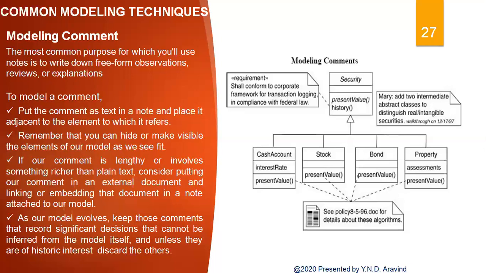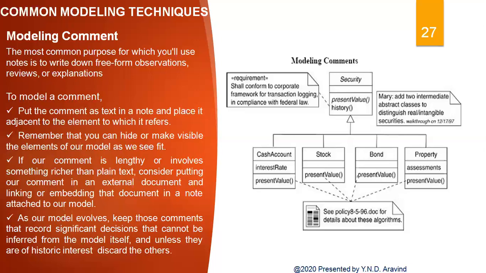If our comment is lengthy or involves something richer than plain text, we need to consider putting our comments in an external document and then linking or embedding that document in a note attached to our model. As our model evolves, keep those comments that record significant decisions that cannot be inferred from the model itself, and unless they are of historic interest, we need to discard the others.